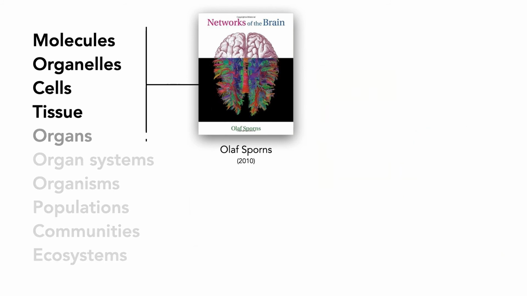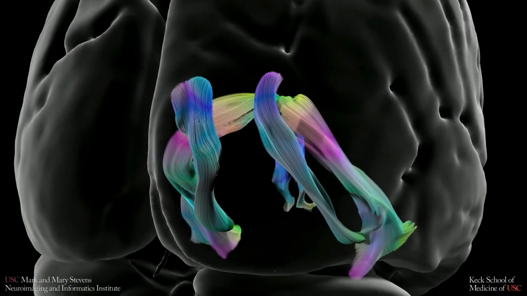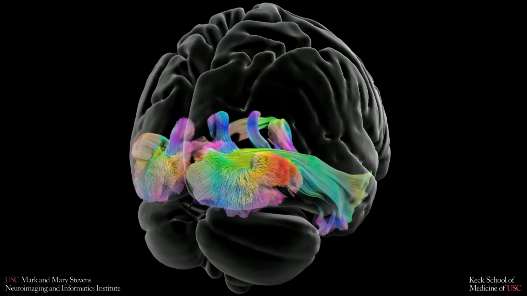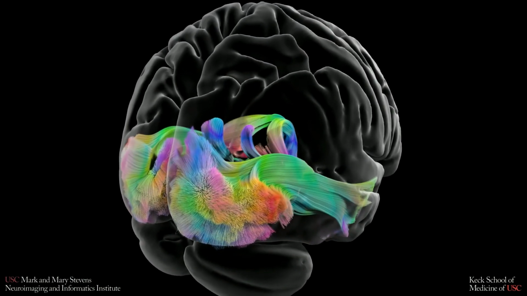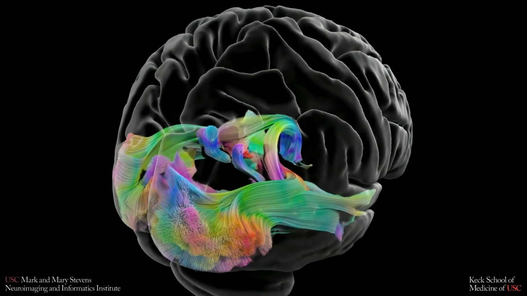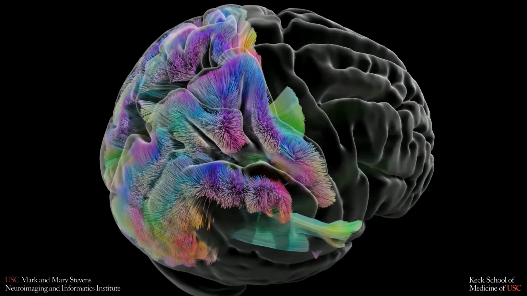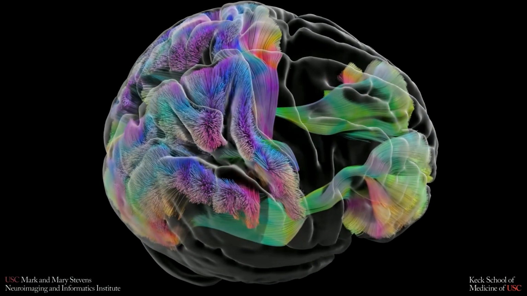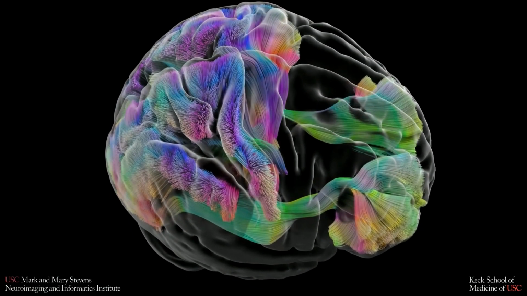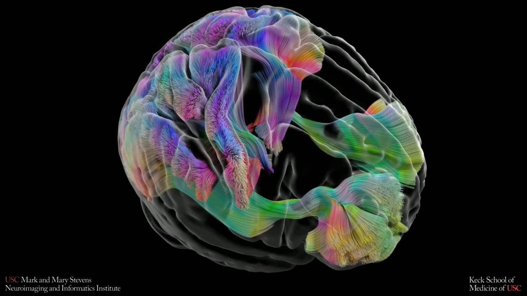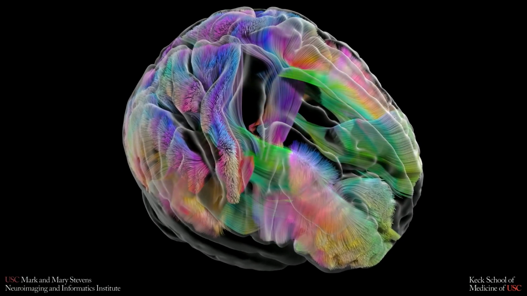So let's start with Olaf Sporns. He was part of, or is still part of, the Human Connectome Project. They are trying to make a map of how the human brain's neural networks are interconnected, because the brain is a dynamic network of 128 billion neurons with their synapses.